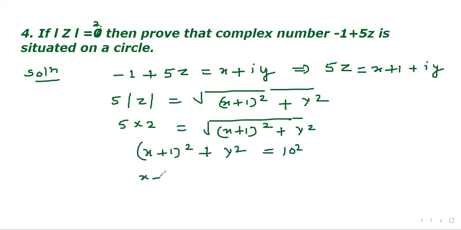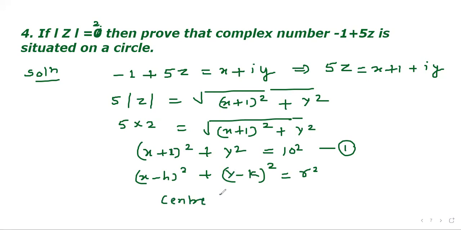Equation of circle is x minus h whole square plus y minus k whole square equal to r square. Clearly, equation 1 represents a circle with the center minus 1 comma 0 and the radius 10 units.